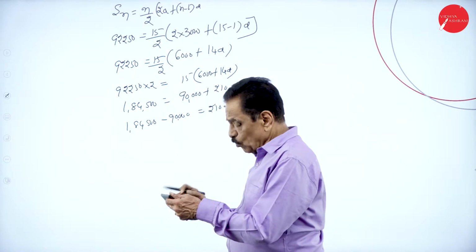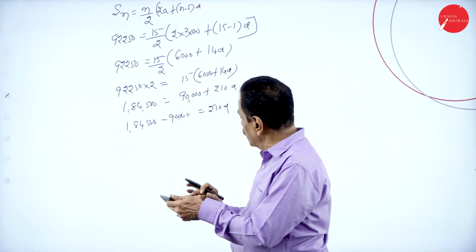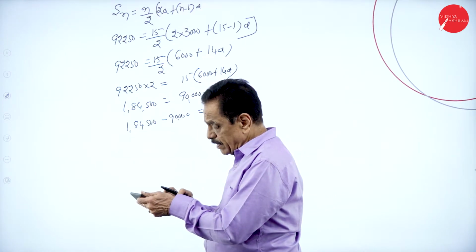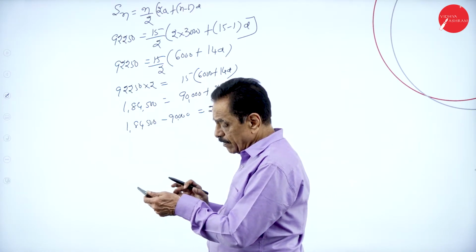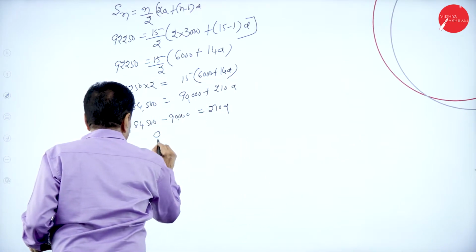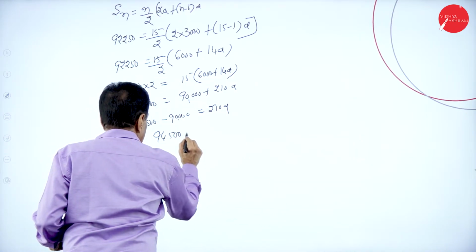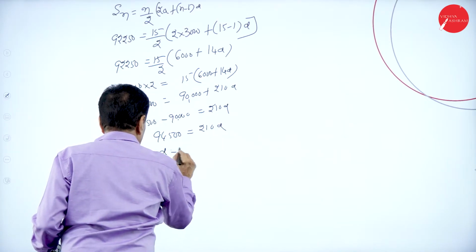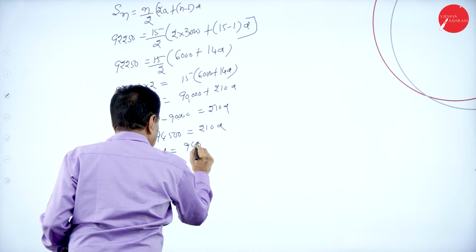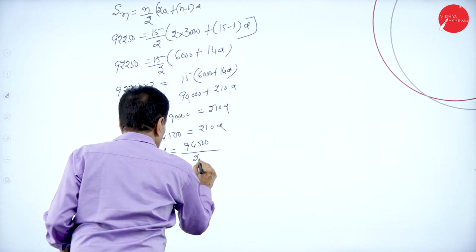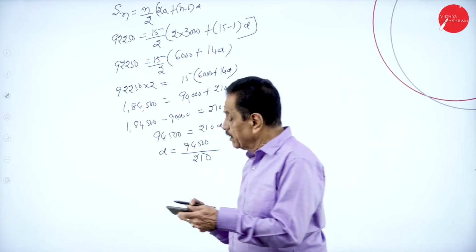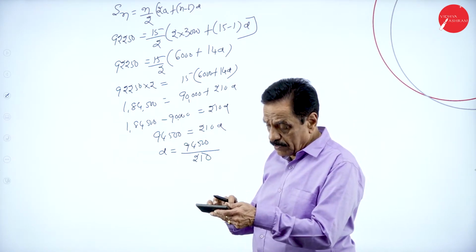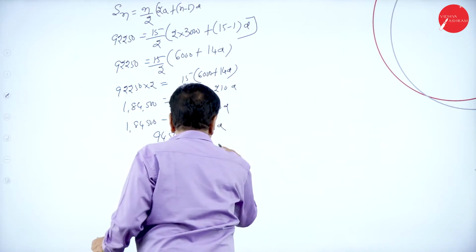Deduct 1,84,500 minus 90,000, that is 94,500, is equal to 210D. D is equal to 94,500 divided by 210. It works out to 450.